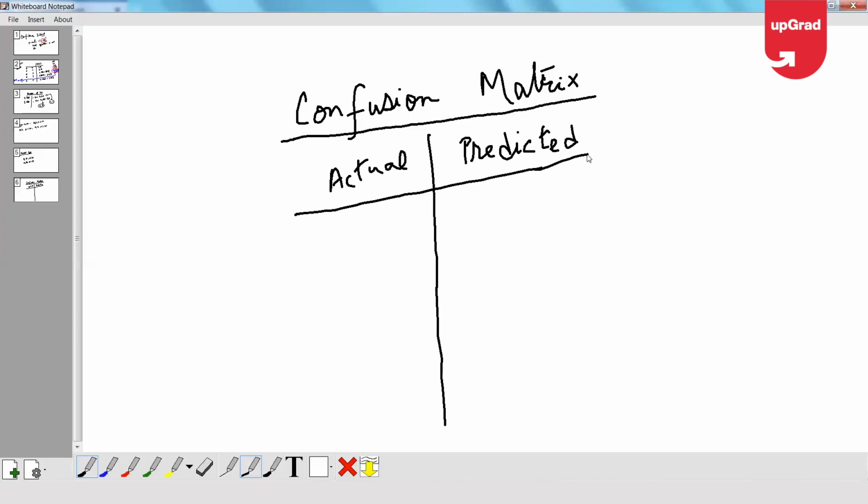Suppose we consider a scenario where we are trying to predict whether a particular person is likely to have diabetes or not. In this case, if the person is diabetic, we denote it with 1. If the person is not diabetic, we denote it with 0.